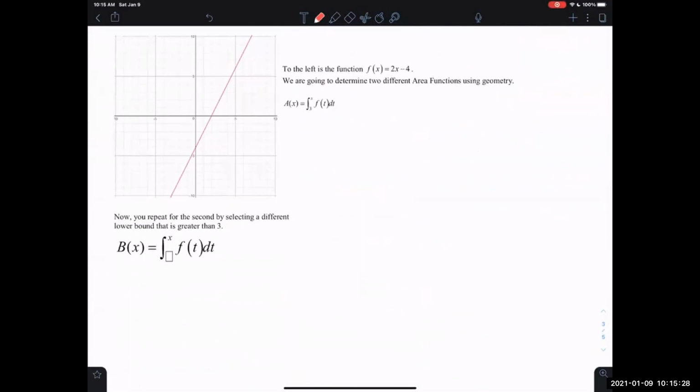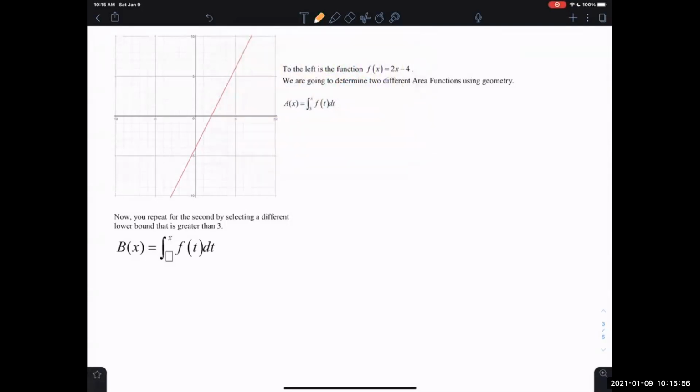On this next page, I would like to go through the first part of the exercise together, pause, have you do the second part on your own just to get some practice, and then come back together and make some final conclusions before we do some practice problems using fundamental theorem part 2. Okay, here we go.